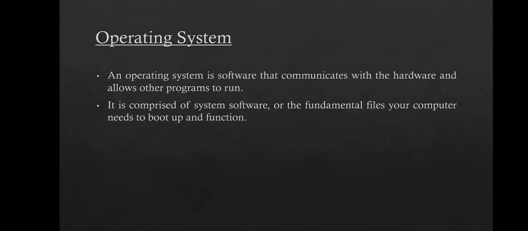Most devices that we use today have an operating system. If you are using a desktop computer, a tablet, or a smartphone, all of these devices have an operating system that provides basic functionality for each of these devices.